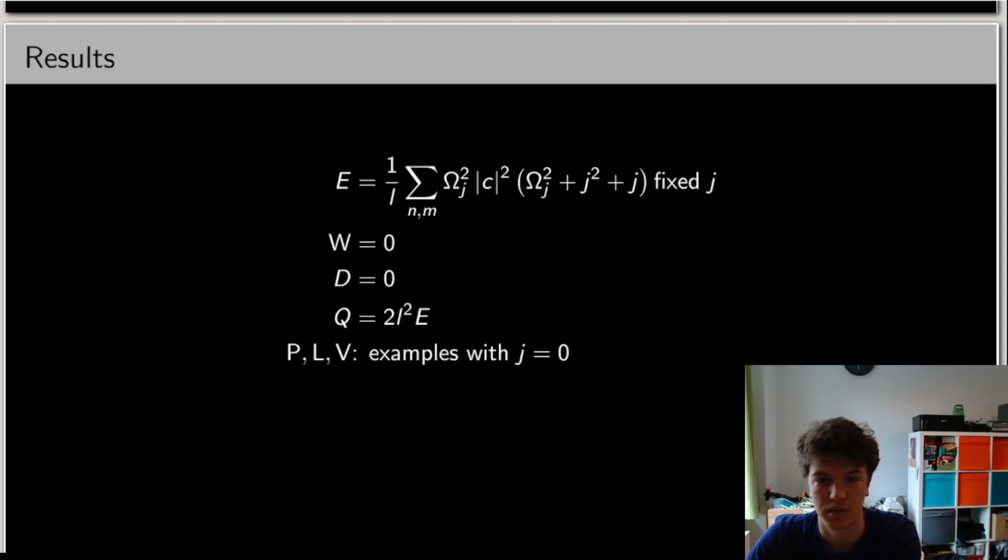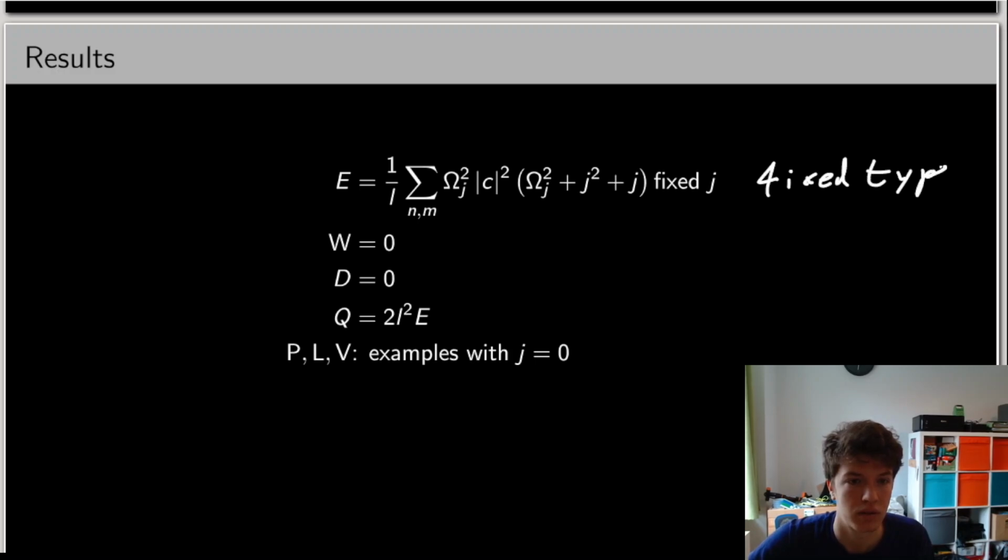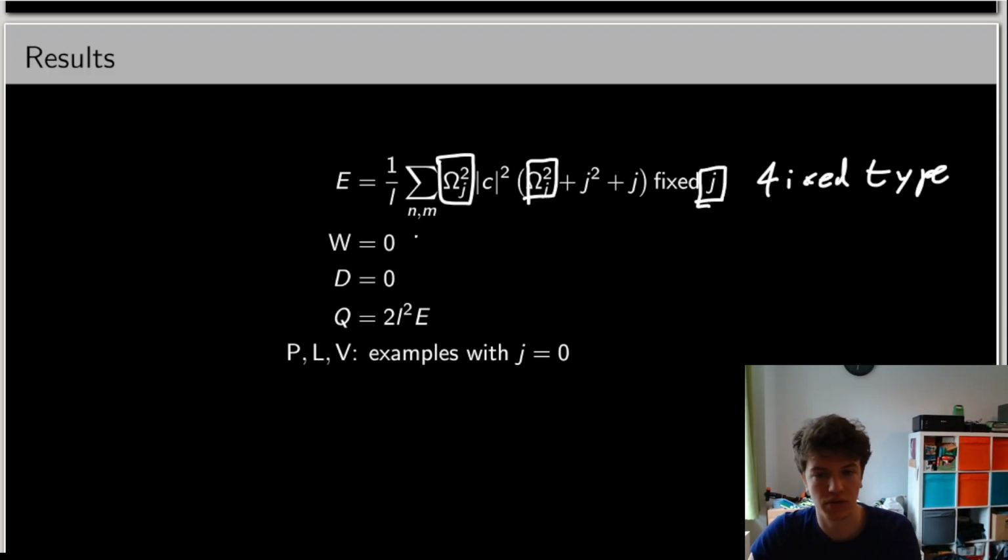And so, in total, to conclude now, we know that we have calculated the energy for a fixed type, and so we have the dependence on these frequencies here and fixed spin J. So if we have a superposition with only one J and only one type, then we can calculate the energy of this knot, which is very cool.